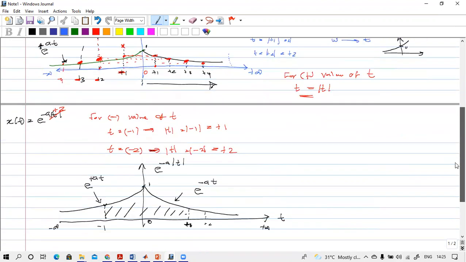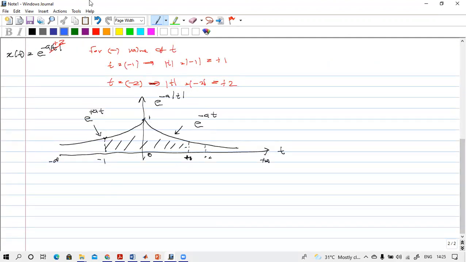When x(t) is converted to the Fourier transform, not inverse, the Fourier transform of x(t), we will get capital X(omega), which is the integral from minus infinity to plus infinity of x(t) e to the power minus j omega t dt. Here x(t) has three parts.